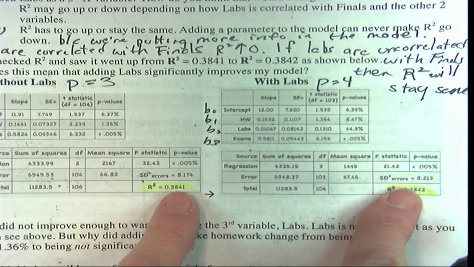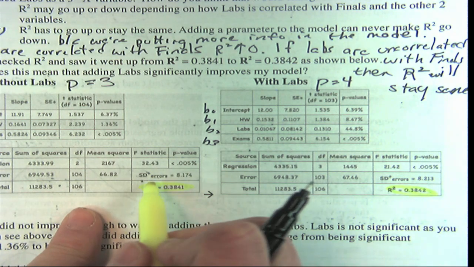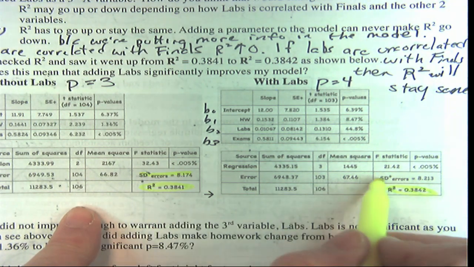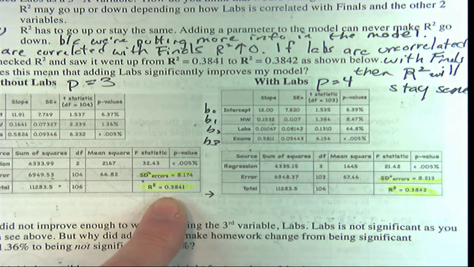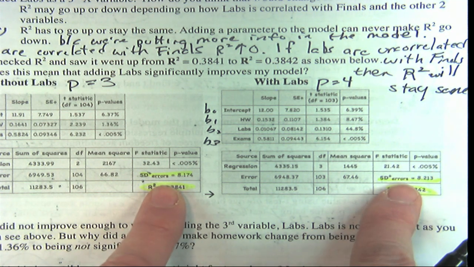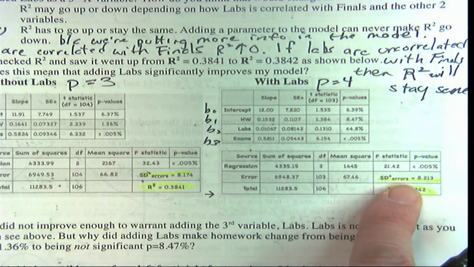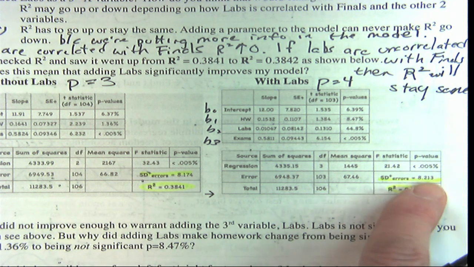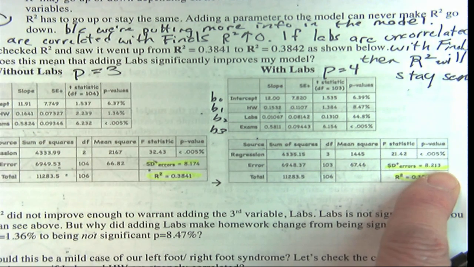So check the errors. Look what happened to the errors. R squared went up, meaning that our predictions look better, but our error, look at this, our error went up too. We have more error. So it really isn't a better model.